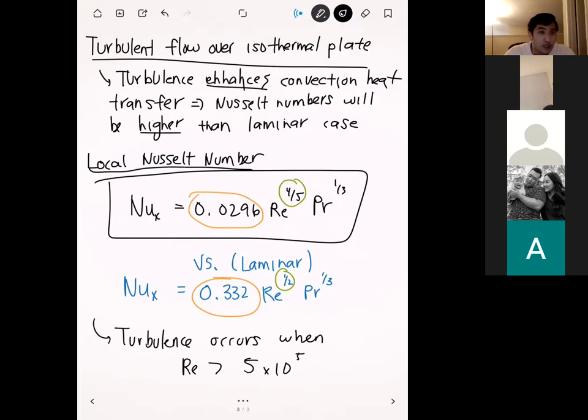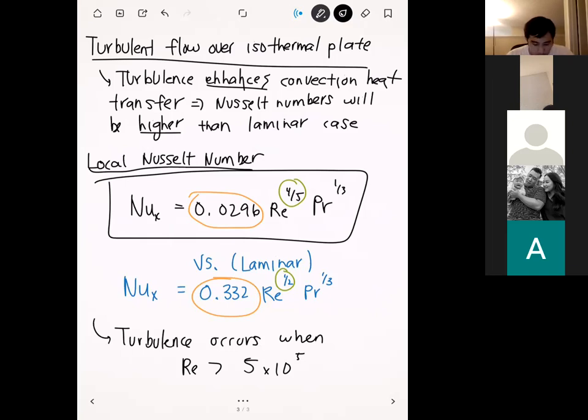When we raise this Reynolds number to a value like 4/5, we end up with a much, much larger number than if we just take the square root of it, which is what you do in the laminar case. At first these two correlations might be a little confusing, because for turbulent flow you expect a higher Nusselt number, but the primary reason we get a higher one is that exponent. It has less to do with the coefficient out in front.